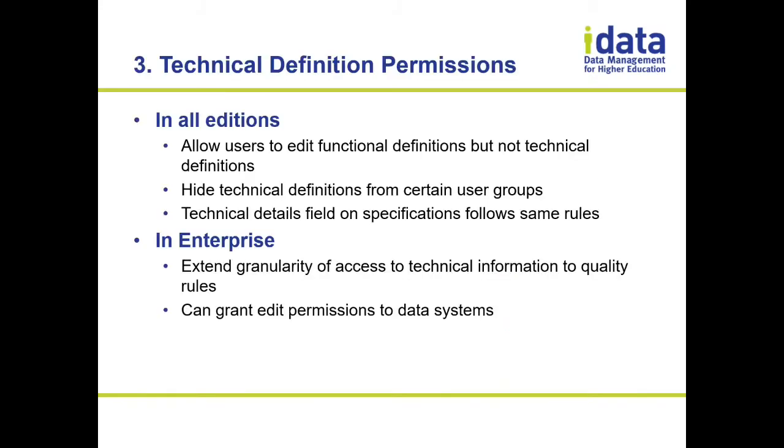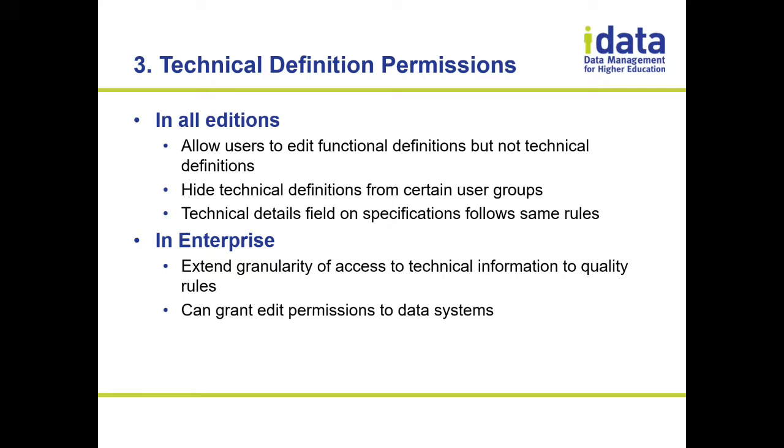Our next feature has to do with technical definition permissions. This is really any technical information that you're capturing in the Cookbook. So remember, in a definition, you can have a technical definition for every data system. In your specifications, you have a technical details field on one of the tabs.